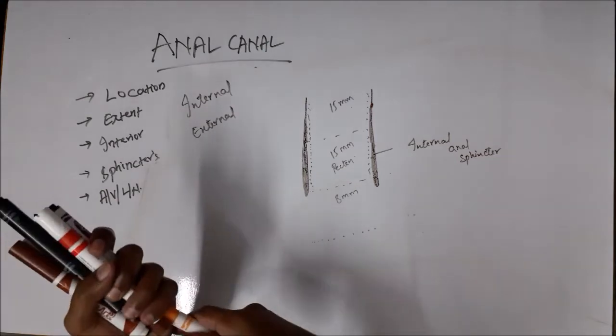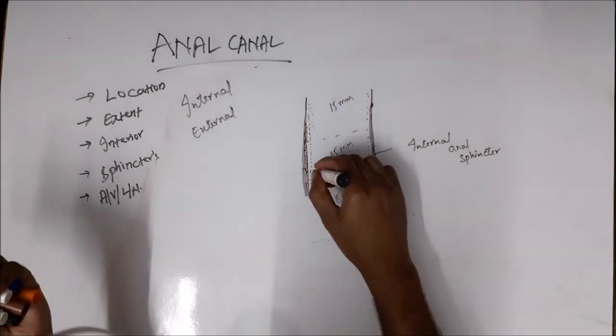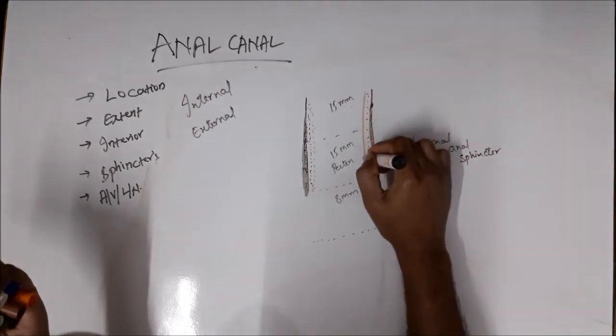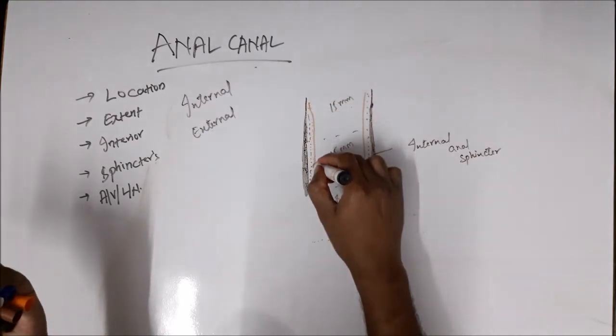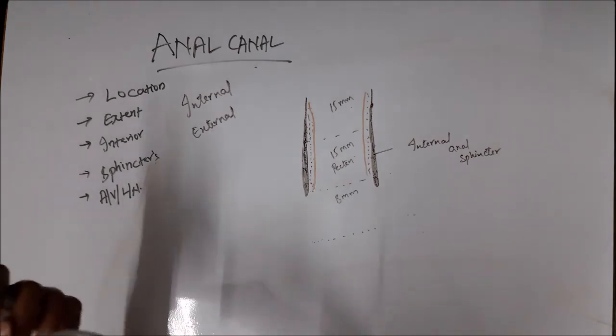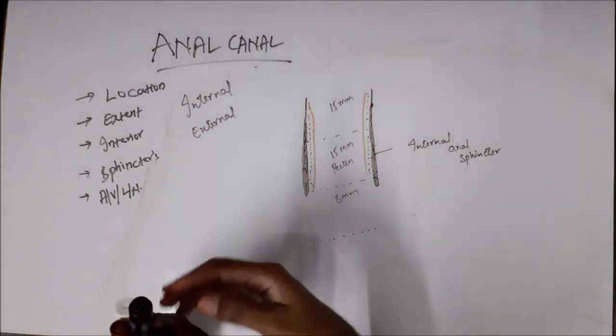So innermost is the mucosa, then in the submucosa there is this venous plexus. This orange line is the mucosa, underlying that in the submucosa there are venous plexuses, followed by the internal anal sphincter. What is the function of it?